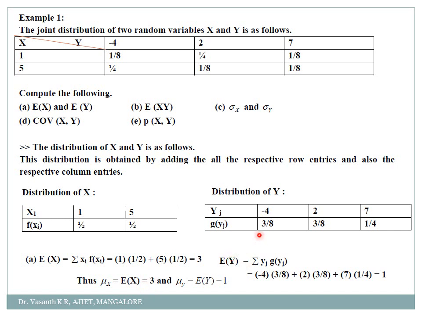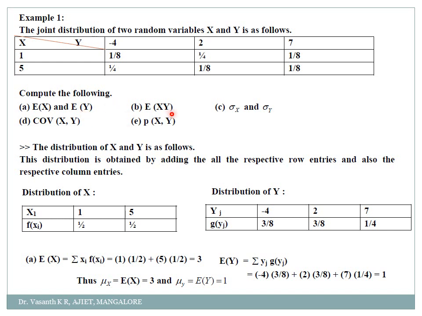Expectation of y means minus 4 into 3 by 8 plus 2 into 3 by 8 plus 7 into 1 by 4, that will give me how much? 1. So expectation of y is 1 and expectation of x is 3. Done. So my first question, is it answered? Find expectation of x and expectation of y.